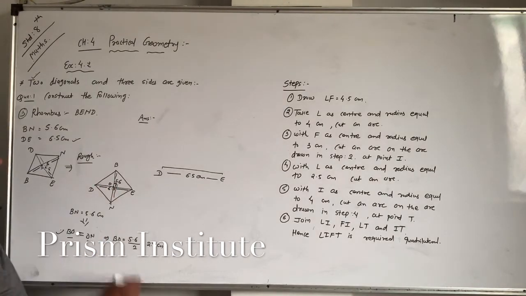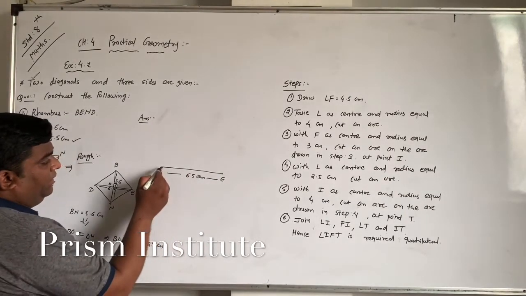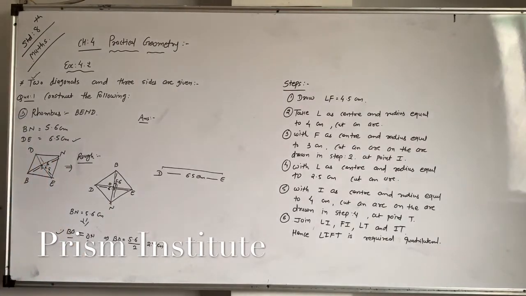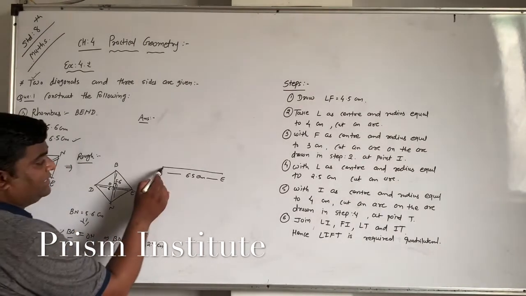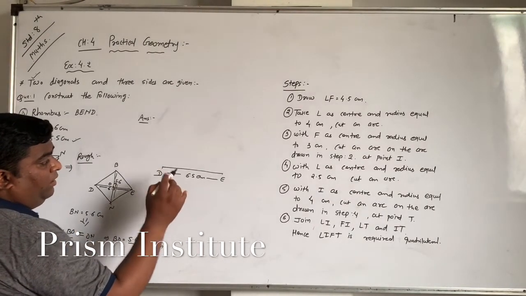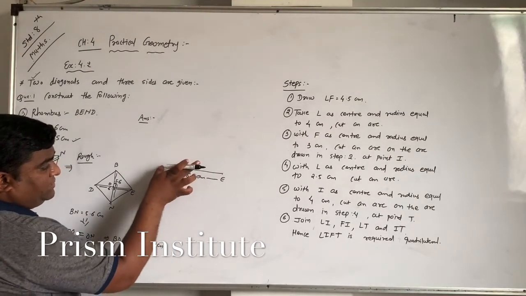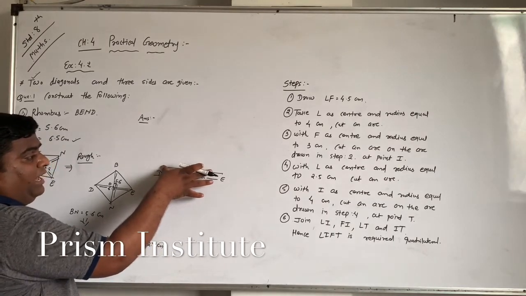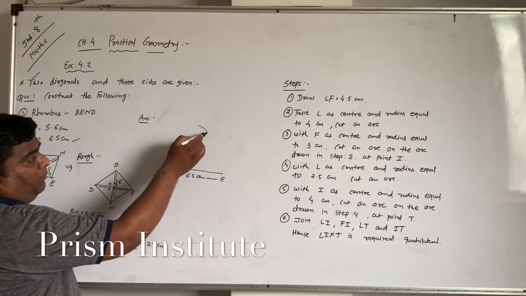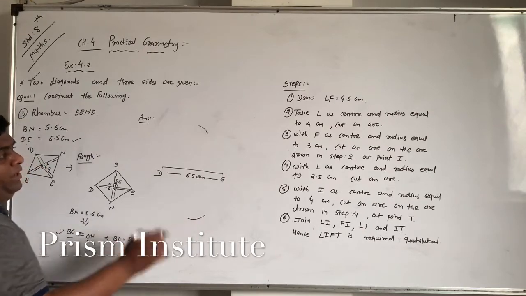Here, the perpendicular bisector. Now how to draw the perpendicular bisector of a given line segment? First of all, take D as a center. Just remember, take D as a center and more than half of the radius, and draw one arc in the upper plane and one arc in the lower plane.